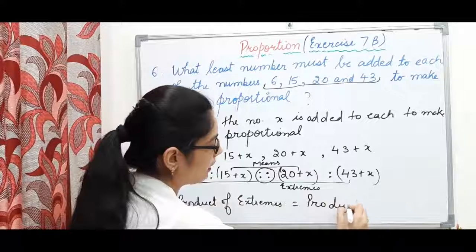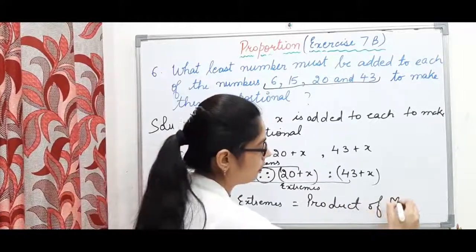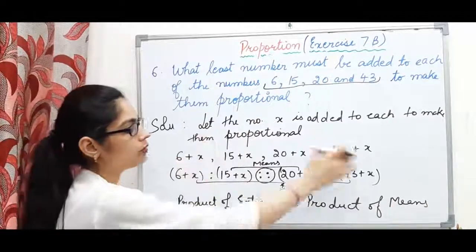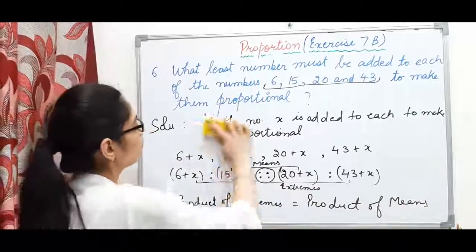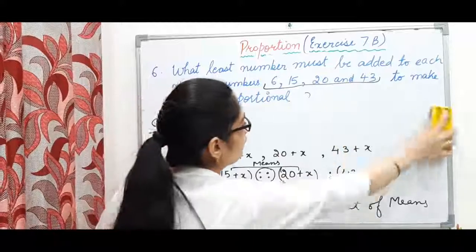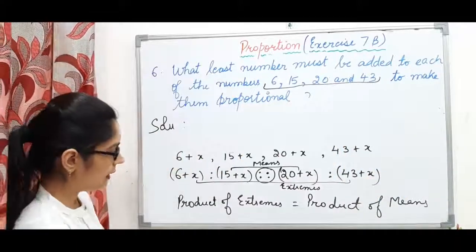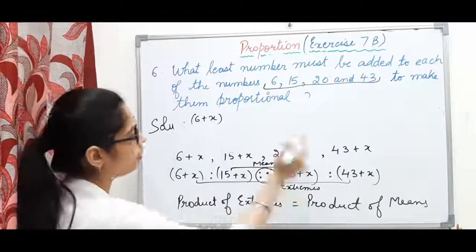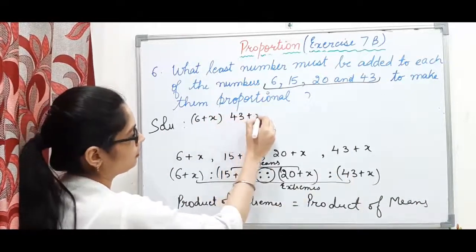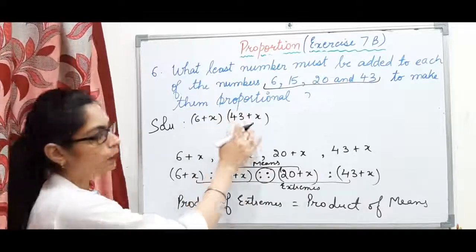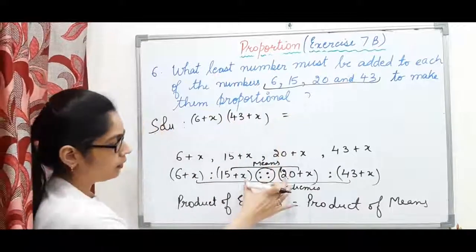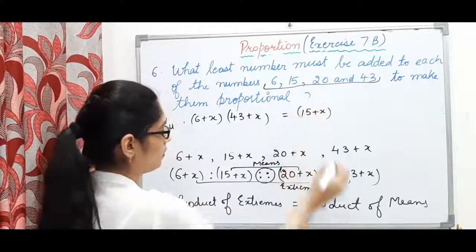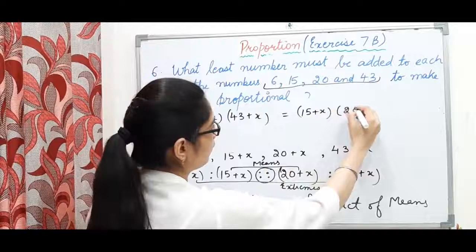So directly we can apply the formula. These two are means, the middle ones, and the outer ones are extremes. So I will write it this way. Extremes are 6 plus x and 43 plus x. The product of this is equal to the product of 15 plus x into 20 plus x.